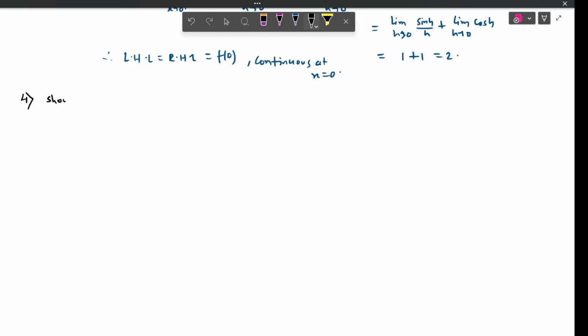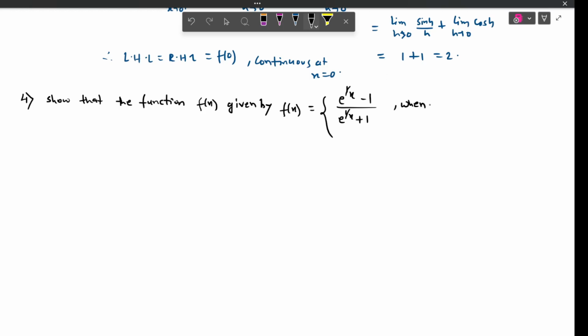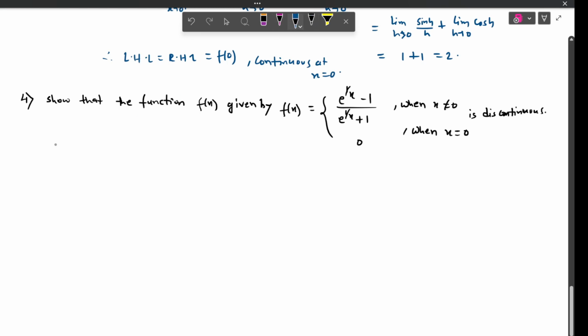Show that the function f of x given by f of x equals (e to the power 1 by x minus 1) by (e to the power 1 by x plus 1) when x not equals to 0, and it is 0 when x equals to 0, is discontinuous. So let's see the solution.